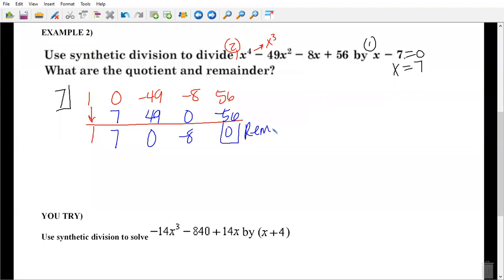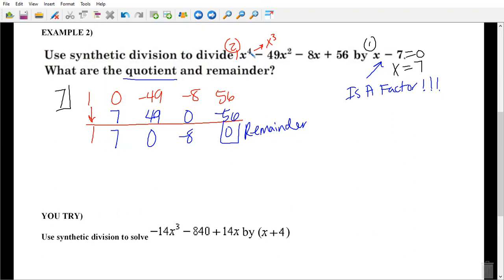So this is a remainder of 0, which means that x minus 7 is a factor. Yay! Party over here. X minus 7 is a factor. But now let's find, what is my quotient?